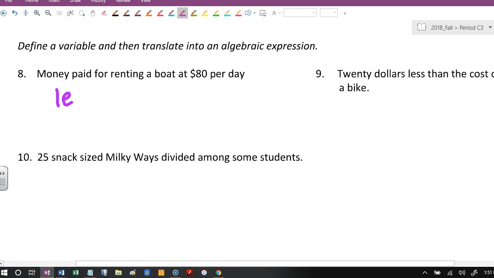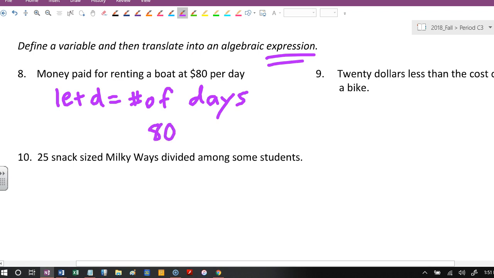So we're going to say let D equal the number of days. That's all we need because we're not actually making an equation. We're just making an expression. What did you get for your answer? 80 times D, or 80D. All right, let's hear it for Mr. Tomato.